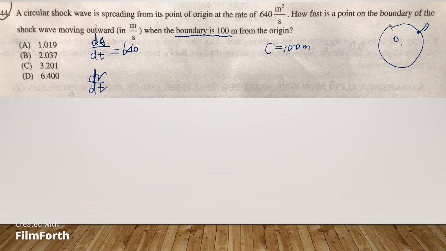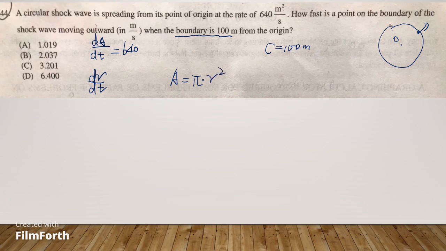So we need an expression connecting variables A and r. Because this is a circle, A equals pi r squared.